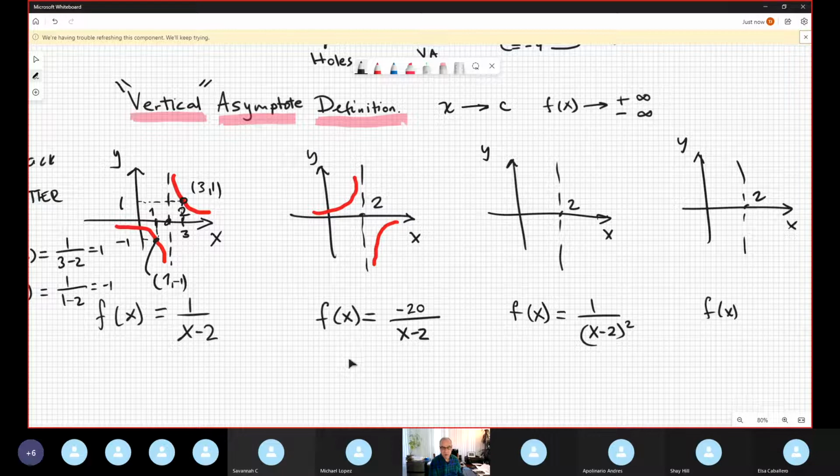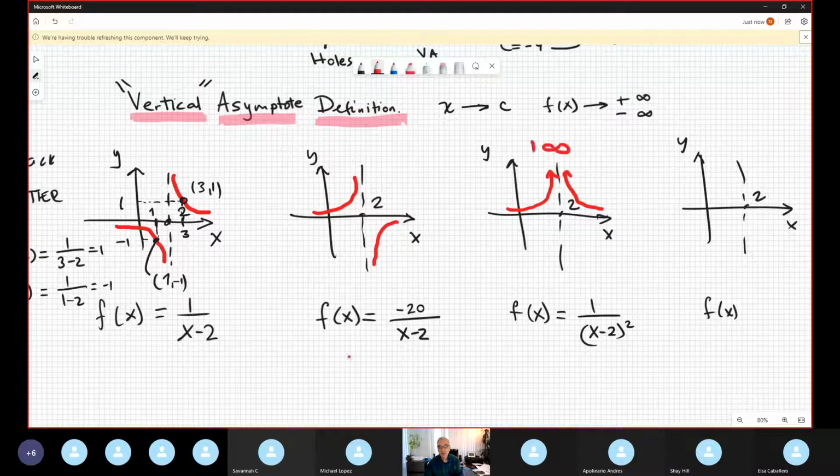When you raise to any even exponent, 2, 4, 6, the same situation happens. In that scenario, the value of the function is always positive, like that and like that.